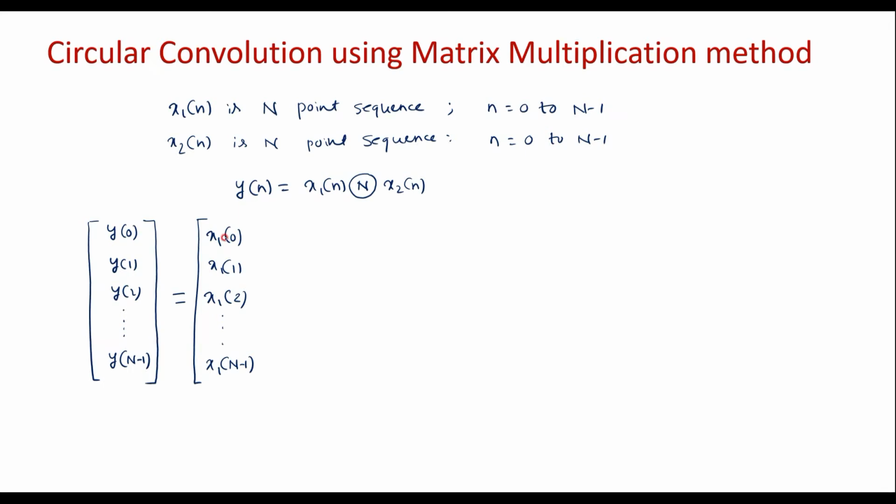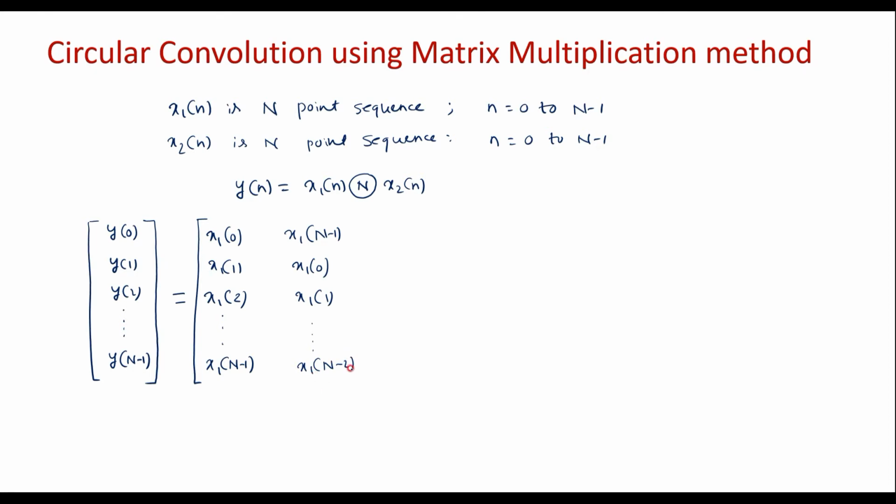Now we do circular shifting on the x1 of n sequence. While writing the second column, we shift the values down, so x1 of N minus 1 should be written on top, then the x1 of 0 sample, and so on. Likewise, the last sample here is x1 of N minus 2.